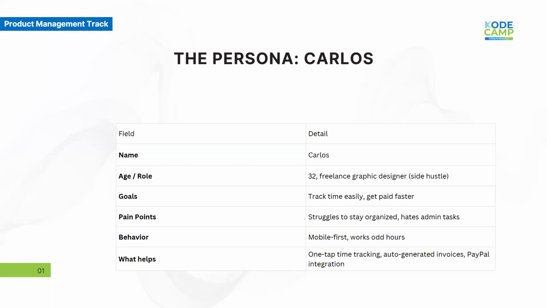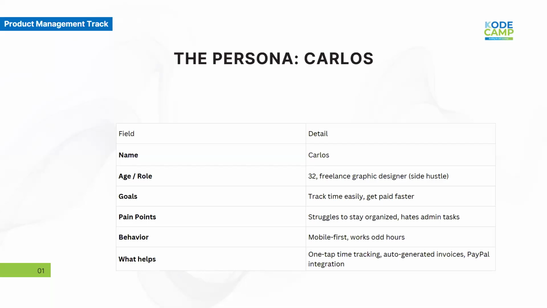He wants to know how much time he is spending on different projects without having to manually note it down or trying so hard to remember it. And he also wants to get paid faster. He does not want to waste time chasing invoices or calculating how much he is owed by different persons.